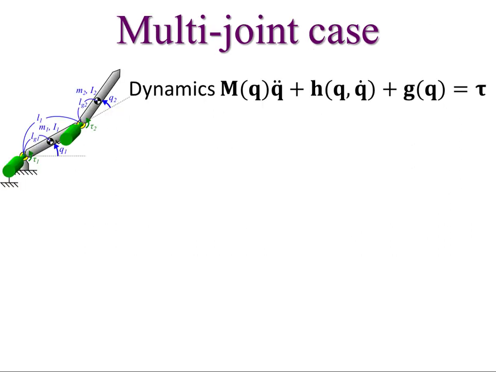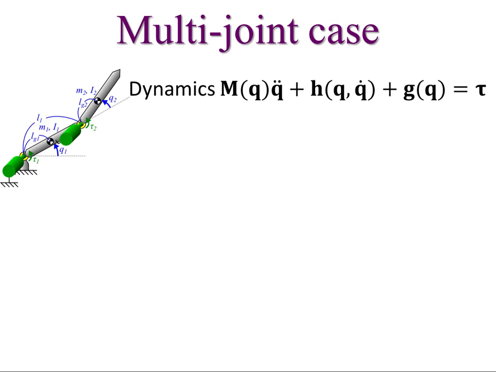Let's first introduce how to apply the computed torque method to a multi-joint robot. So let's recall the motion equation of a multi-joint robot. The motion equation of a multi-joint robot can be written like this. Just in case, I would like to explain the dynamics of the robot once again.